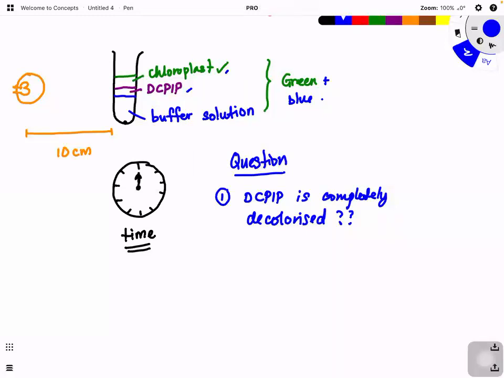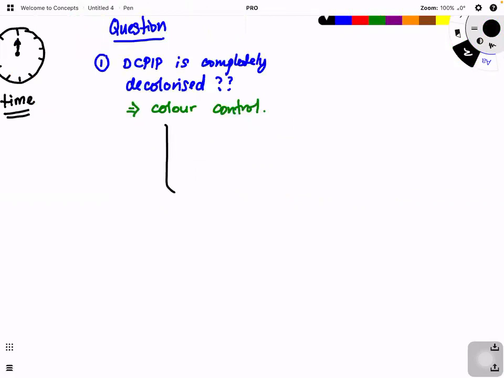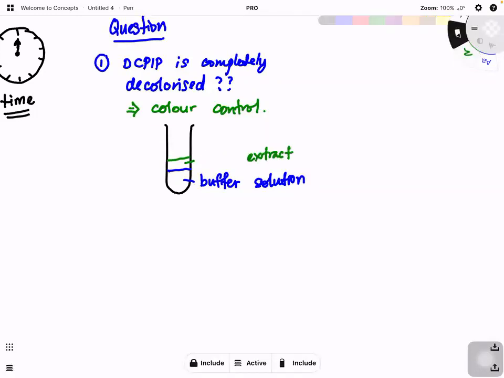Therefore, we need to set a color control. Are you clear? This color control will contain the buffer solution with chloroplast extract only.